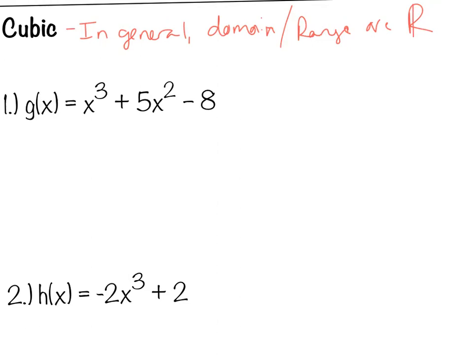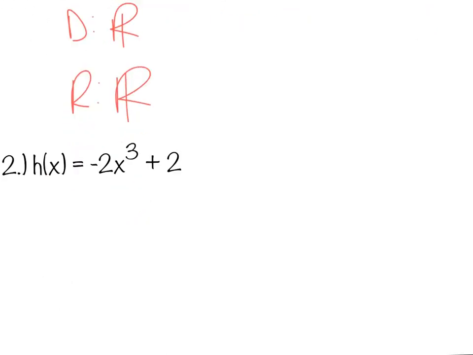So our domain in general for cubics is going to be all real numbers, and the range in general will be all real numbers. And that goes same thing for the second example, all real numbers.